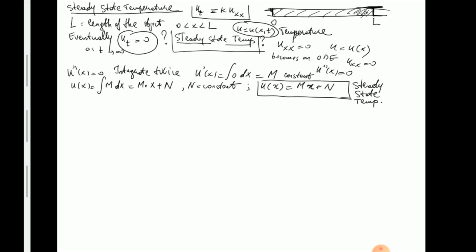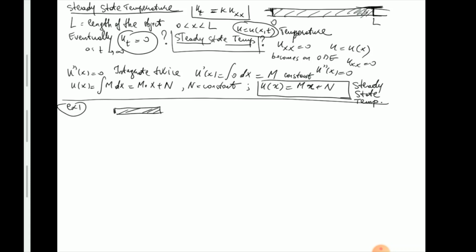So let's say we use prescribed temperatures on the boundaries. In my first example, I'm going to write the object again here.